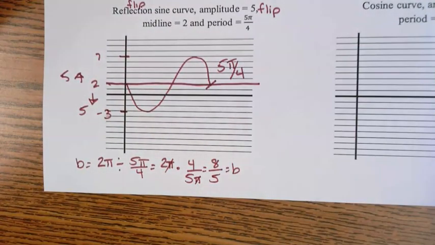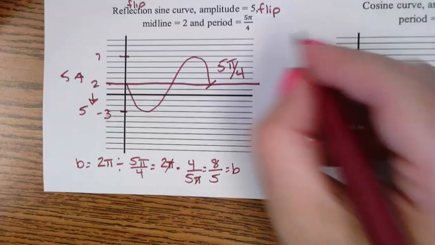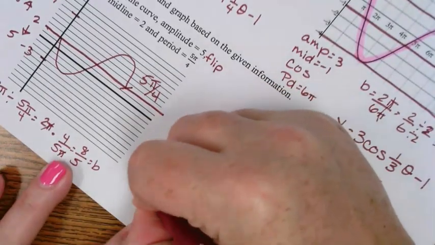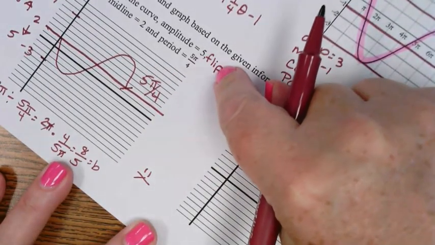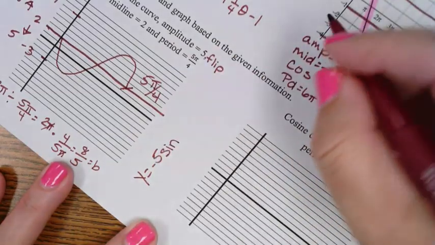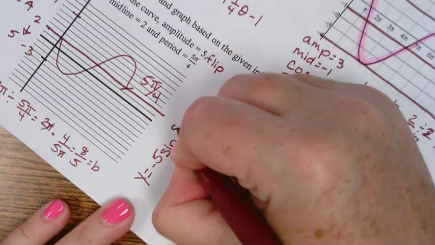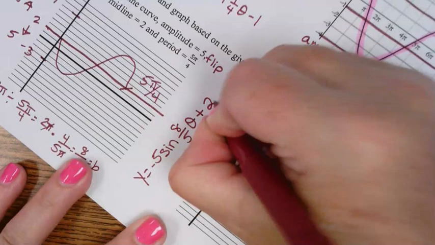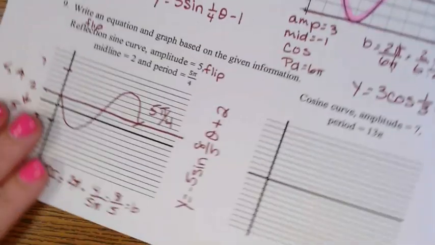Here we go. I'm going to write my equation sideways. Okay, so we know y equals, it's a flip, so -5 sine. My b value was 8 over 5 theta, and my midline is at +2.